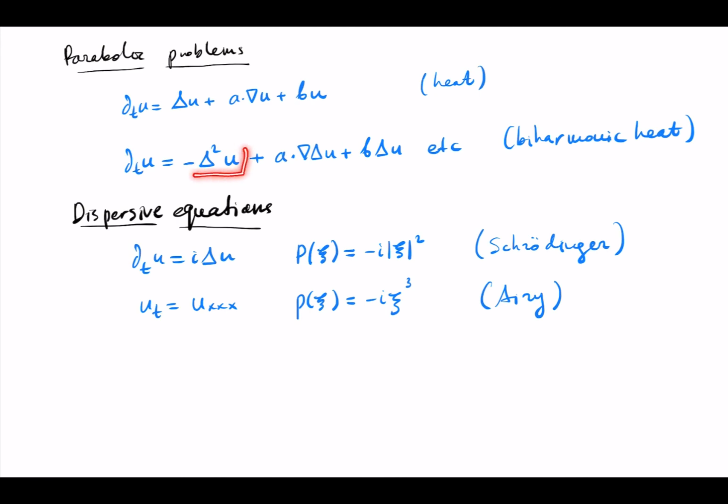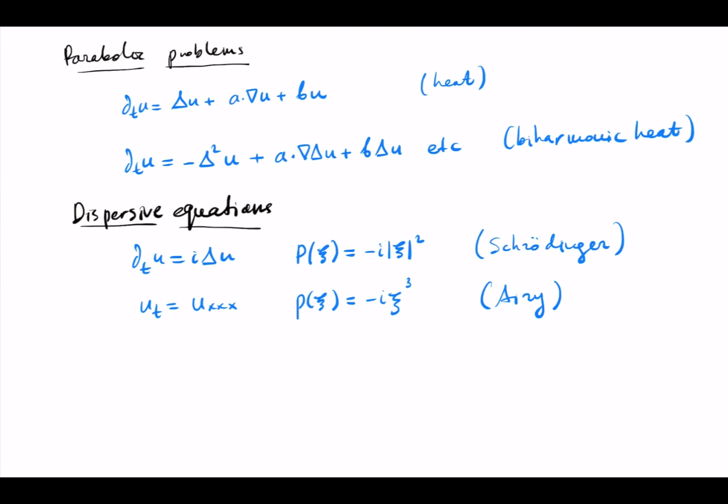So the next simplest case would be the biharmonic heat equation, whose principal part is here, and then you can add any lower order perturbation. This is not a general lower order perturbation, it's just an example. So we have a third order term, second order term, and so on, so that this would be strongly well posed.